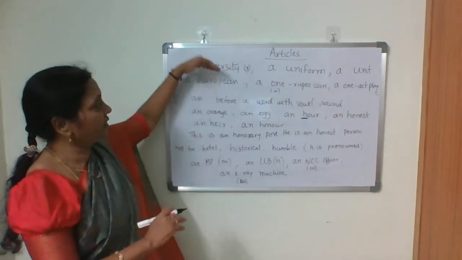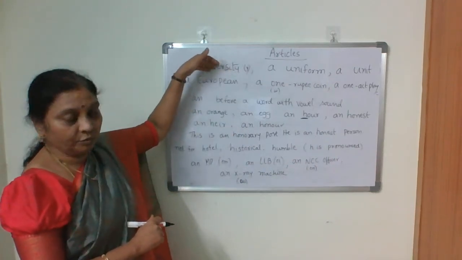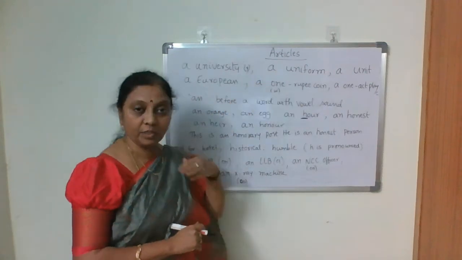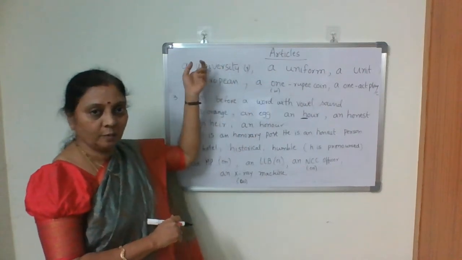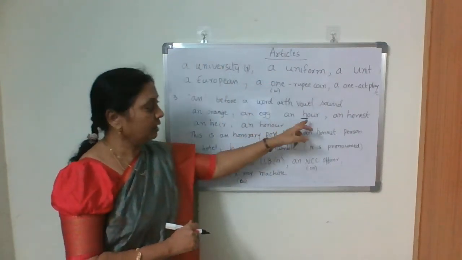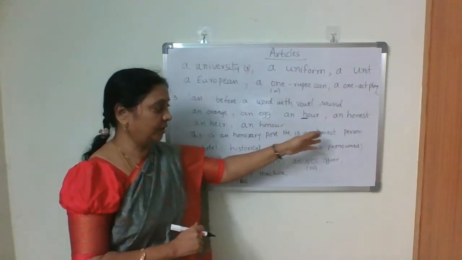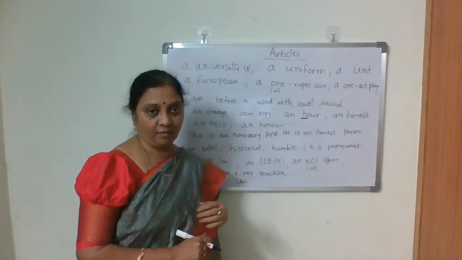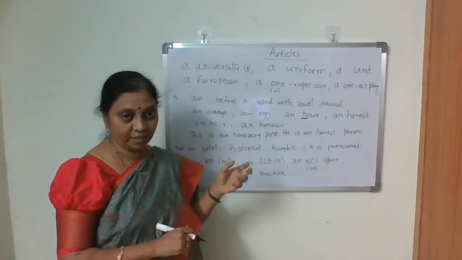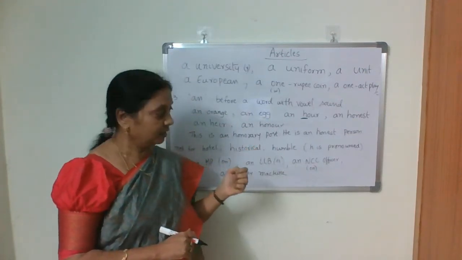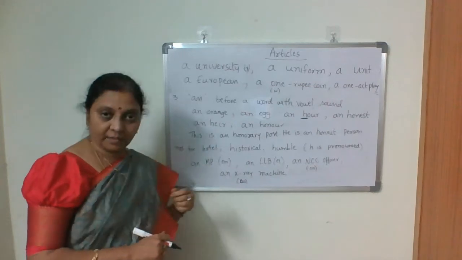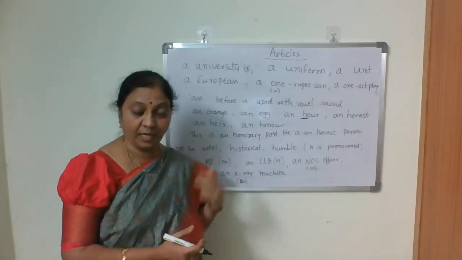So in such cases you have to see and use "an". The only difference is that above, for university, uniform, unit, the U pronunciation made us use "a". Here, similarly, it is only for H pronunciation. And honest, it is not "honest" with an H sound. An honest person. An heir. He is an heir to the property. Heir.